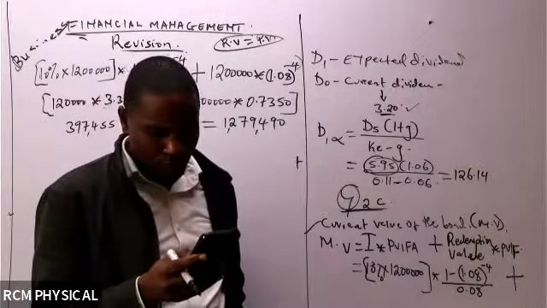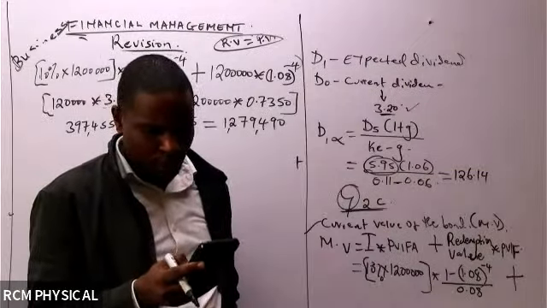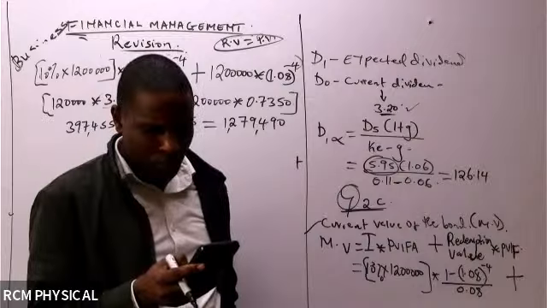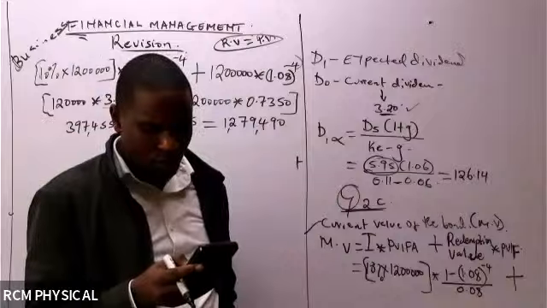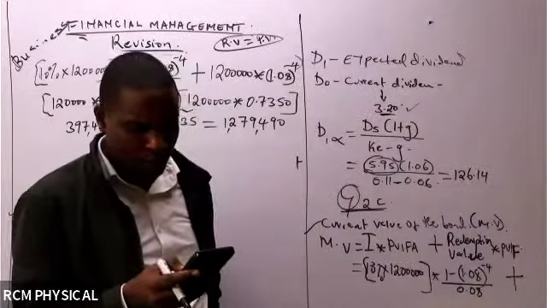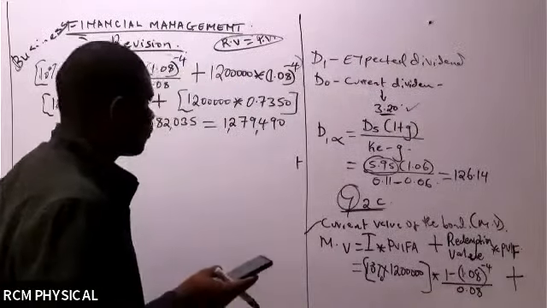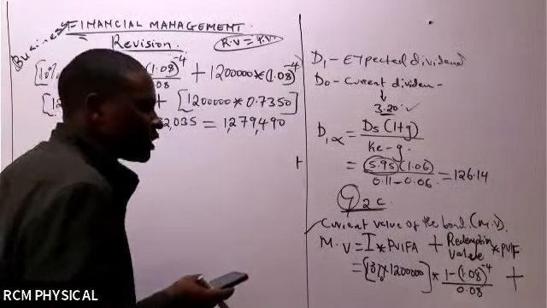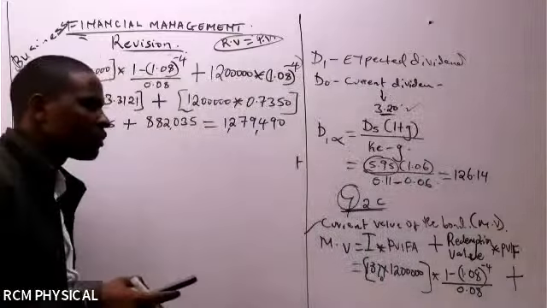We just need to get the current value of the gold. If you look at it, the current value of the gold is above.